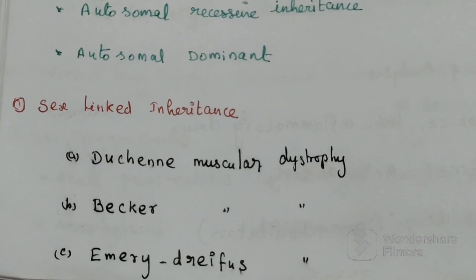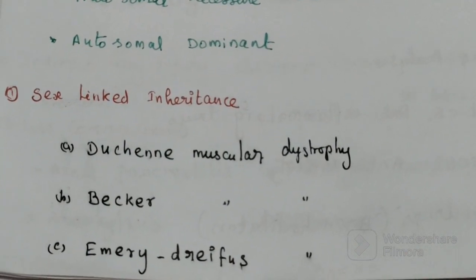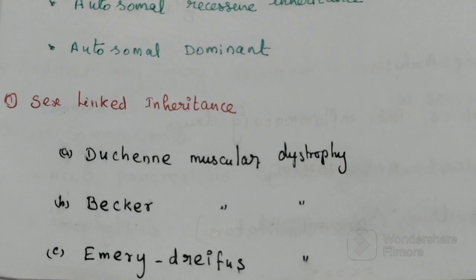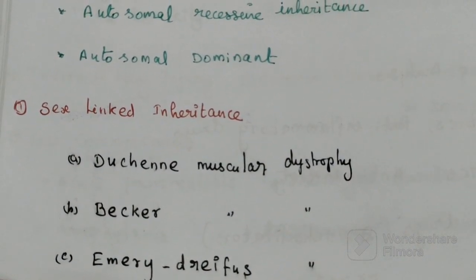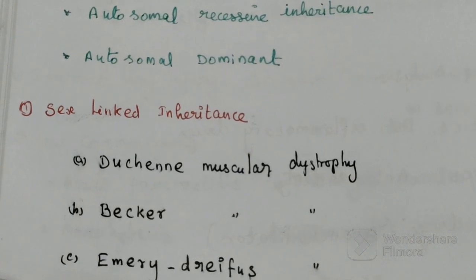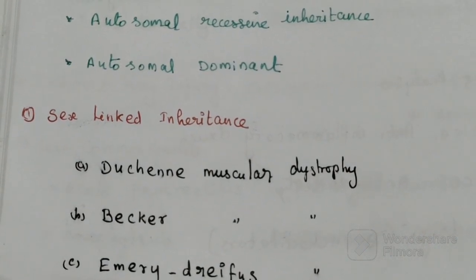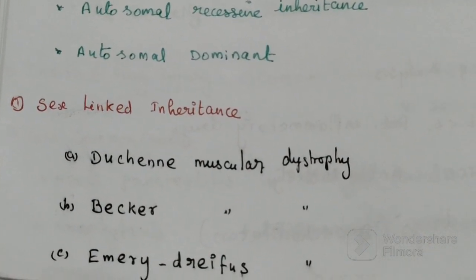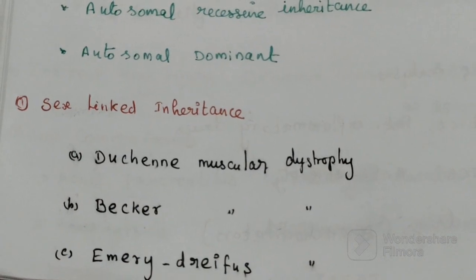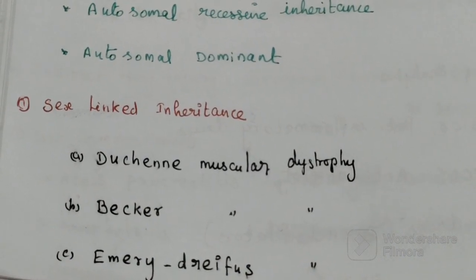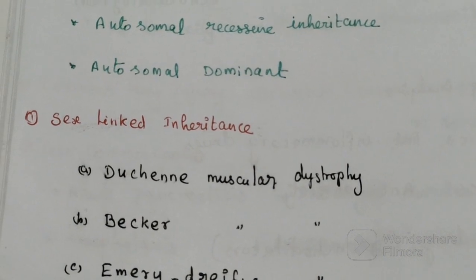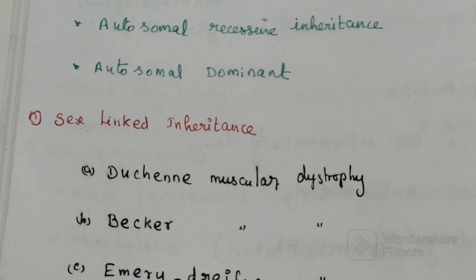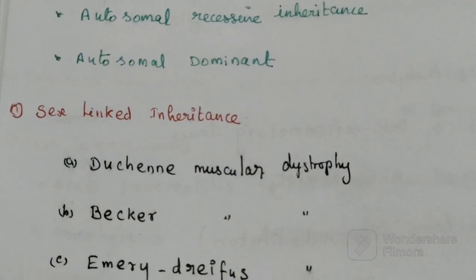First one, sex-linked inheritance: three types of muscular dystrophy, Duchenne muscular dystrophy, Becker muscular dystrophy, and Emery-Dreifuss dystrophy.